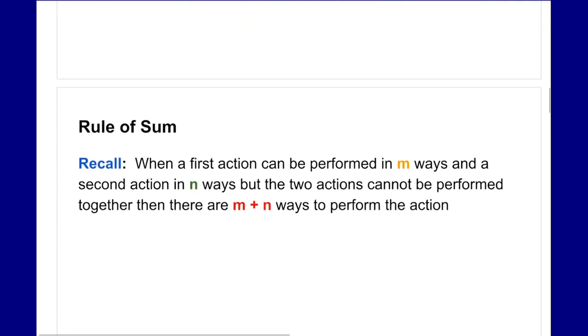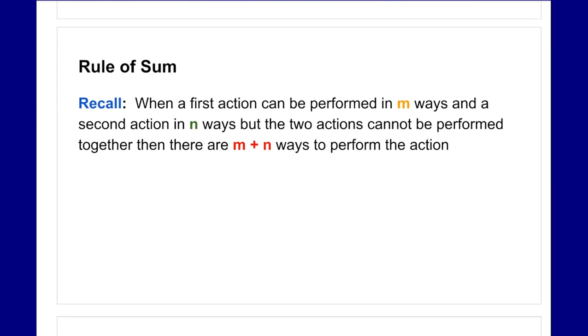So the rule of sum is what we're looking at today. When a first action can be performed in m ways and a second action in n ways, but the 2 actions cannot be performed together, then there are m plus n ways to perform the action. And one key thing here: the two actions cannot be performed together.